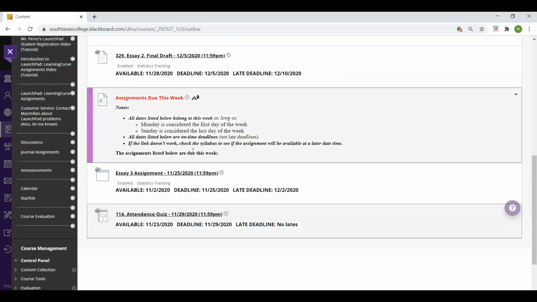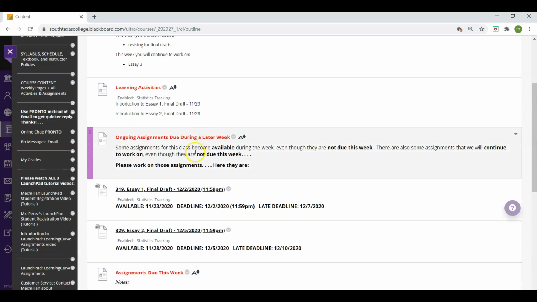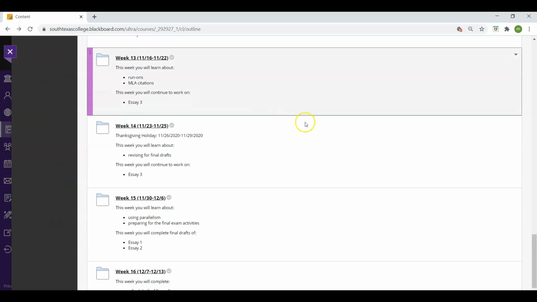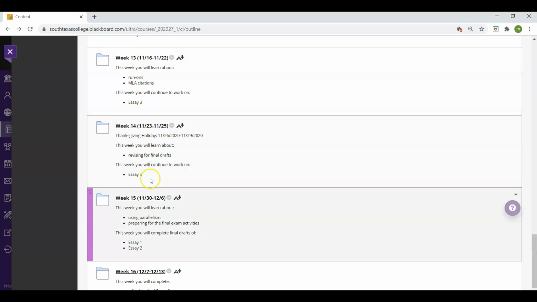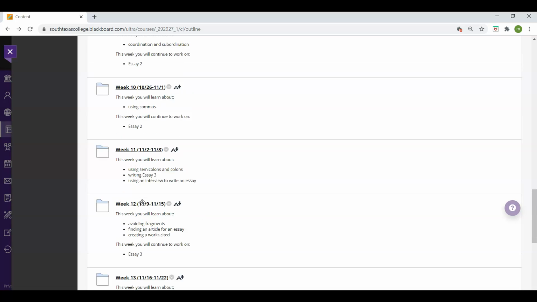You know what? I'm not going to do that. I'm not going to put it in the weekly folder. I'm just going to put it in the essay 2 folder because I don't want there to be other assignments or other essays in there, so it'll get confusing.